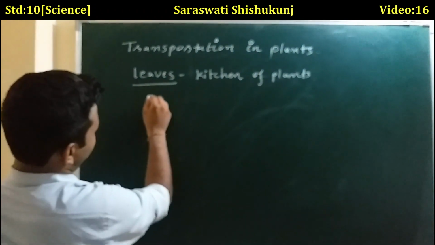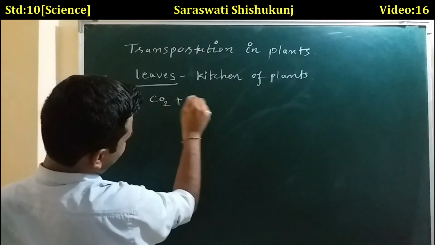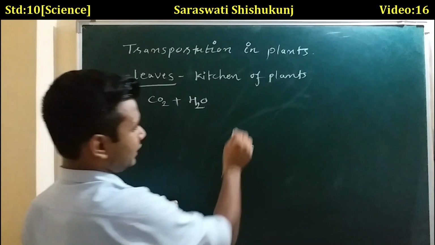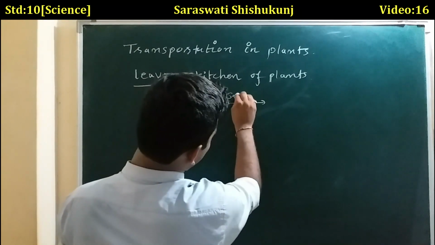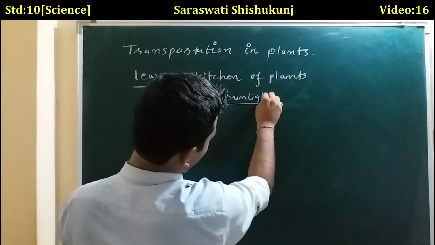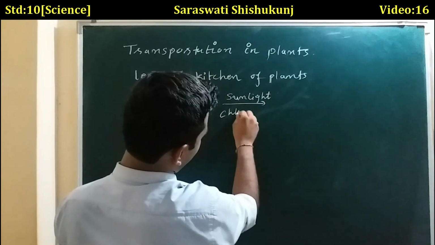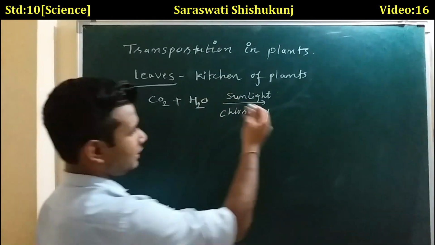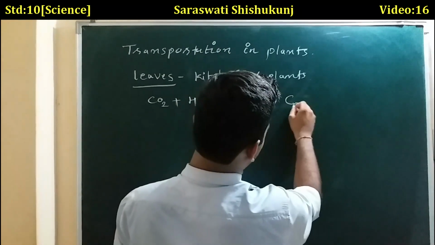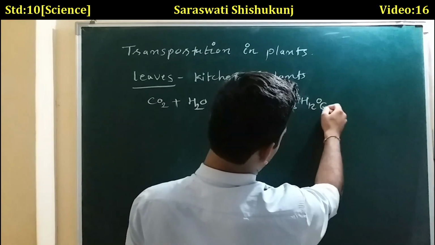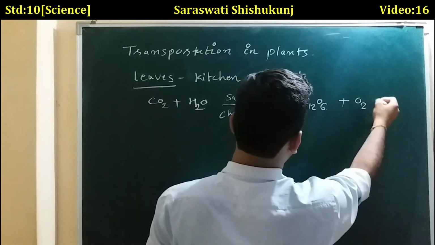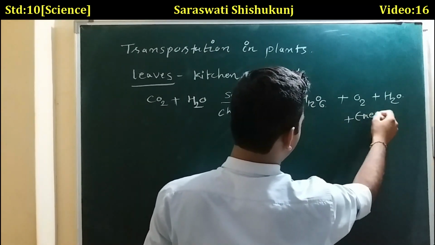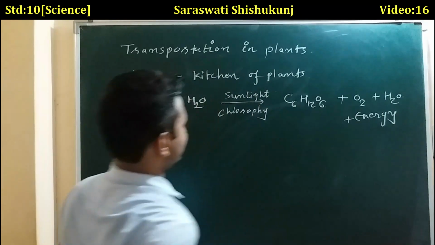We know that in the presence of chlorophyll and sunlight, by using carbon dioxide and water, plants prepare glucose plus oxygen plus water, and energy is released, right?